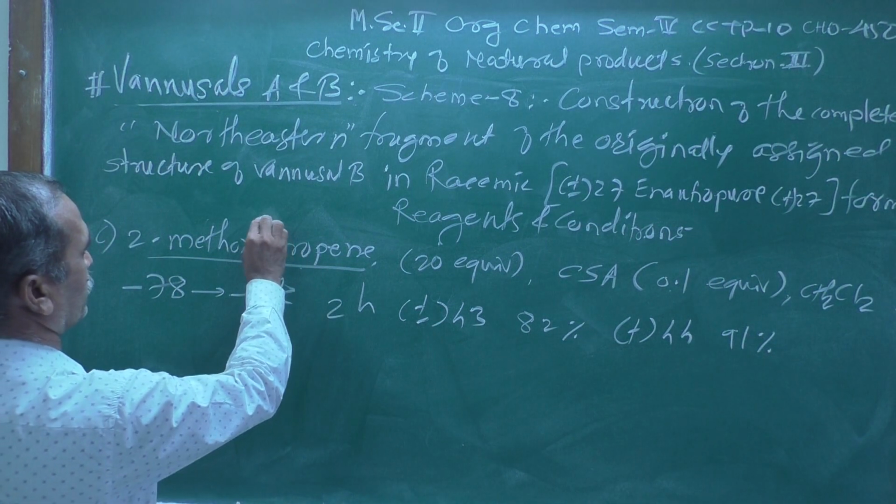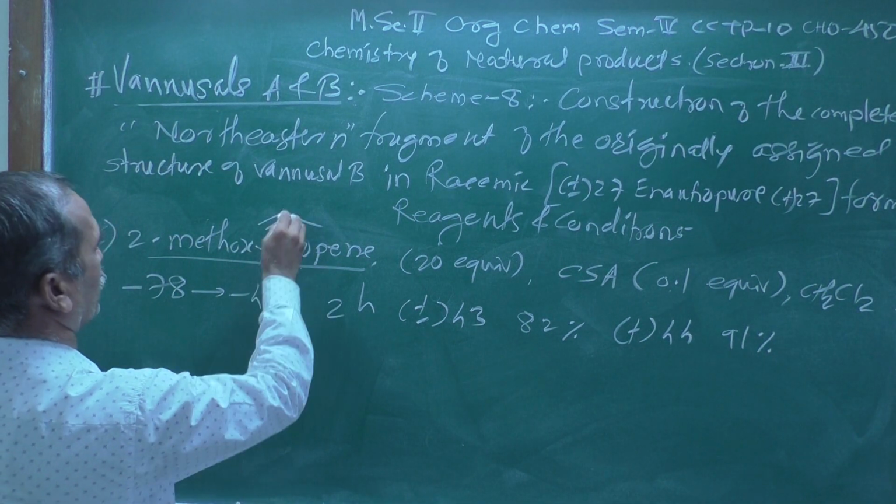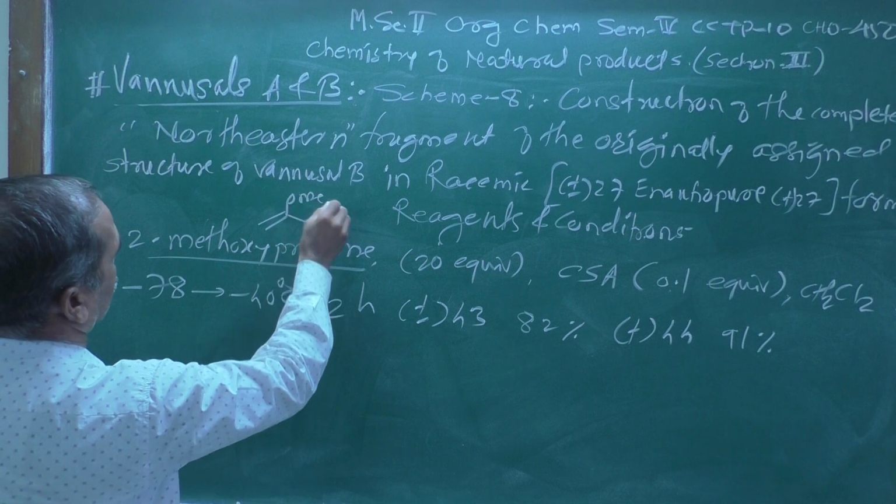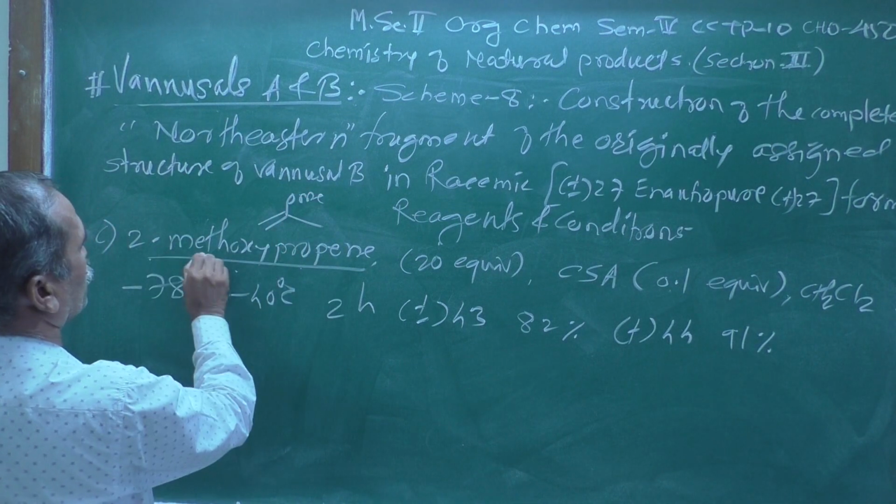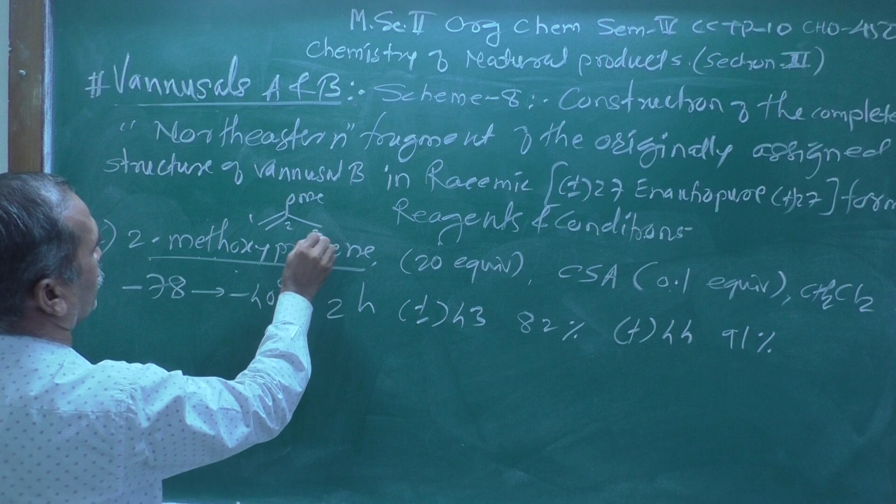Now, here the IUPAC name is written, 2-methoxypropene. Prop indicates a 3 carbon atom straight chain, and OMe. This is the structure of 2-methoxypropene, carbons 1, 2 and 3.